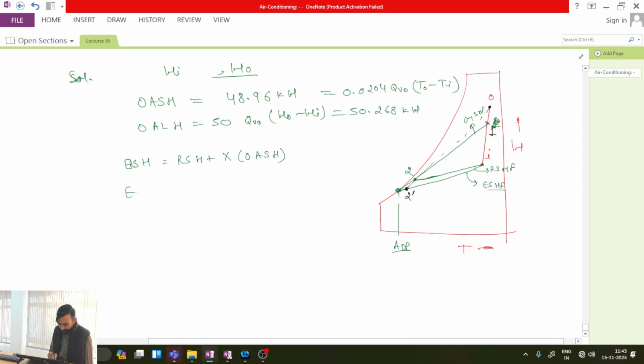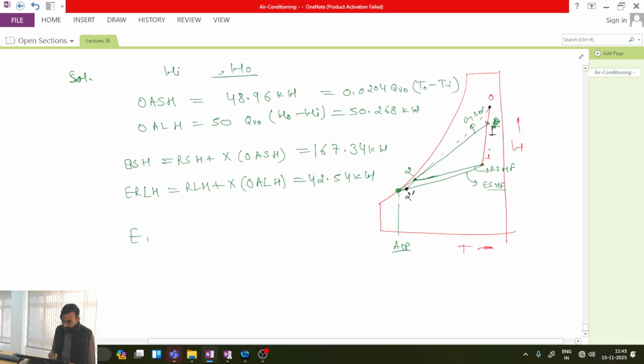How much is it, please tell me. 160.34 kilowatt. Okay. Effective room latent heat, how much will it be? RLH plus X times OALH, 42.5.